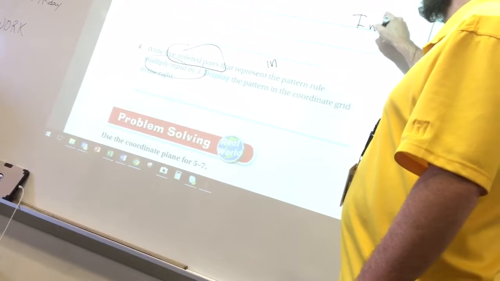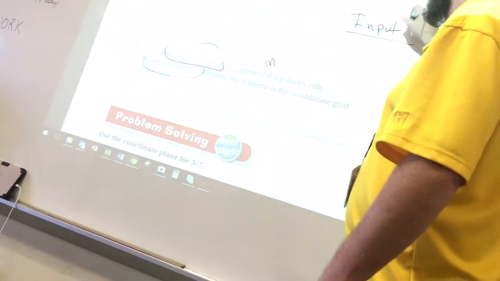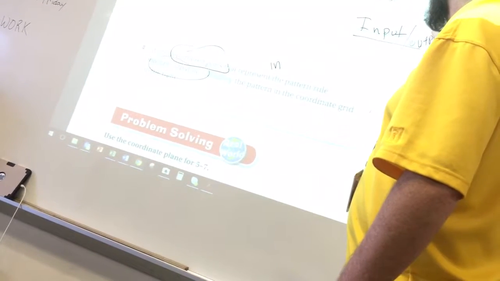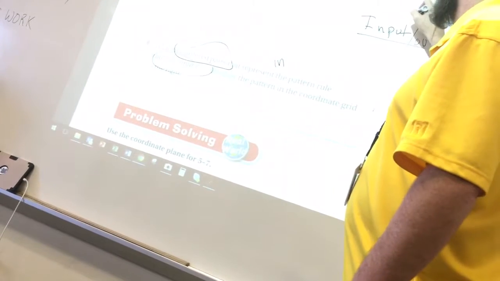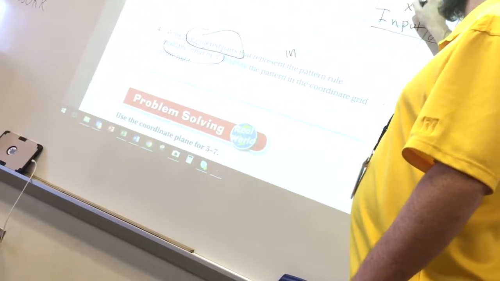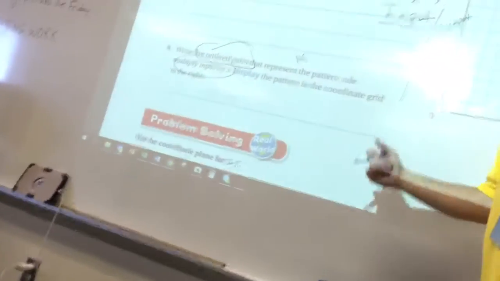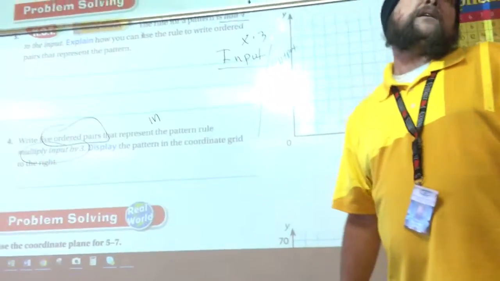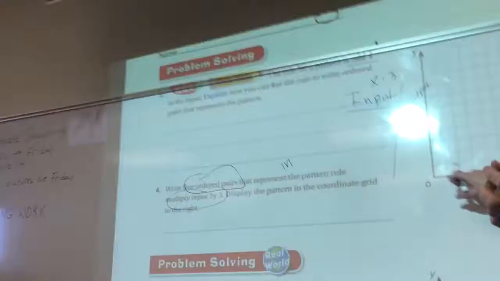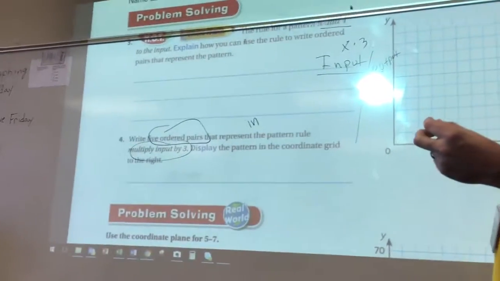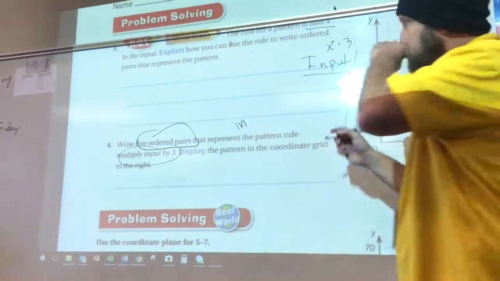So my input, my output, and it's multiplied by 3. So it's going to be x times 3, or 3x, you might see it written. So let's pick numbers. Let's pick numbers under 10. Well, I'm going to pick the numbers.